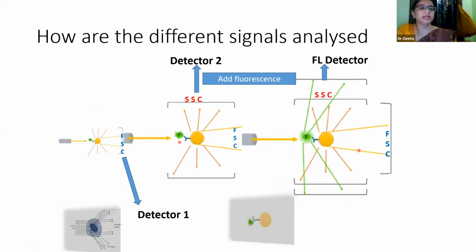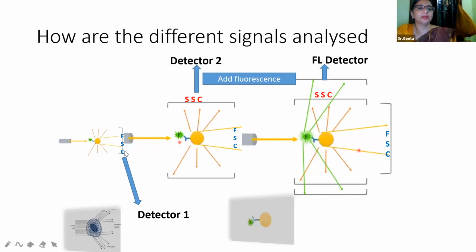Now, as I said, when we try to sequentially tag the cell with different antibodies, here I tagged the first antibody with the first fluorochrome. Then I went on to add the second antibody with the second fluorochrome. And then finally I did the same with the third antibody on the same cell.